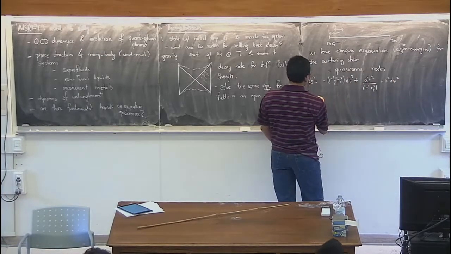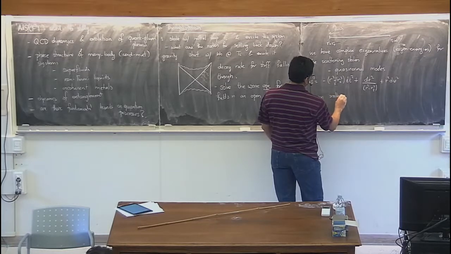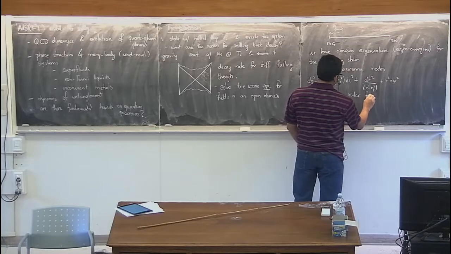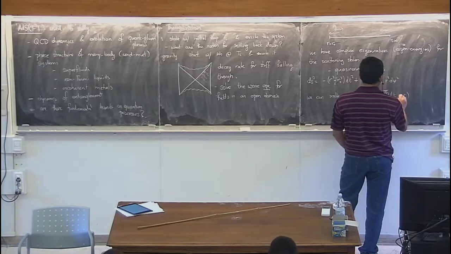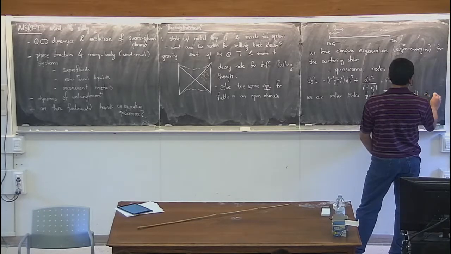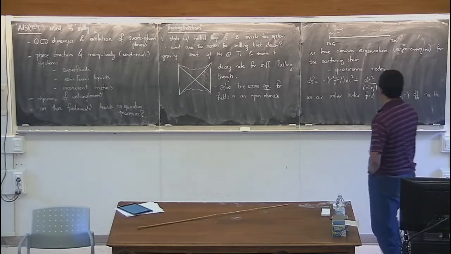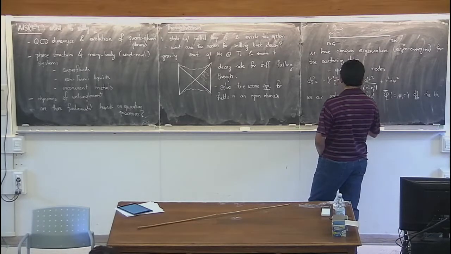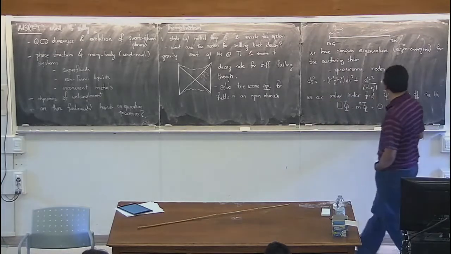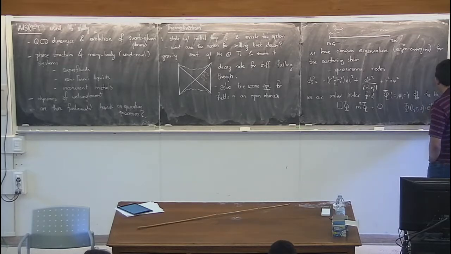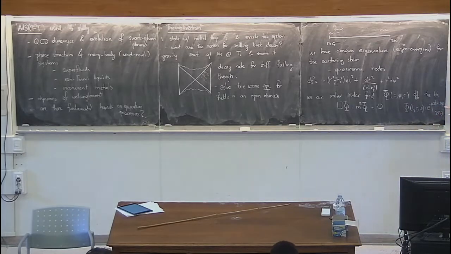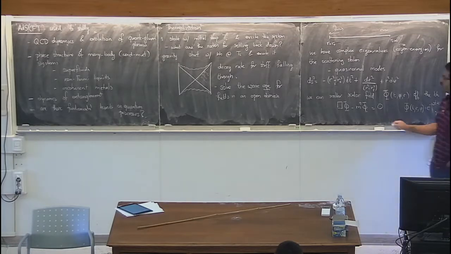We can scatter a scalar field off the black hole, which means you solve the Klein-Gordon equation by decomposing the scalar into some frequency modes and momenta on the circle and some radial wave function.